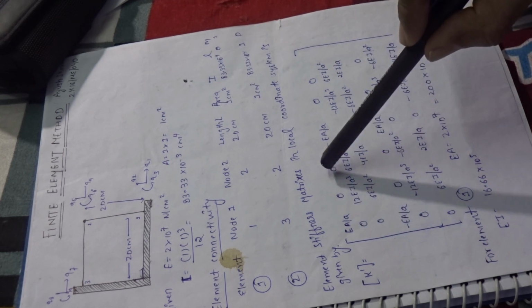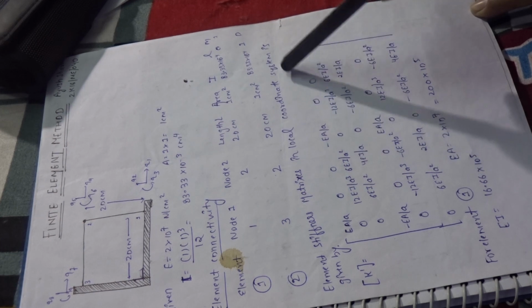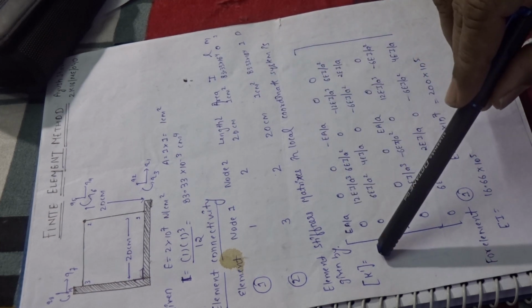The element stiffness matrix in the local coordinate system is given by k1.